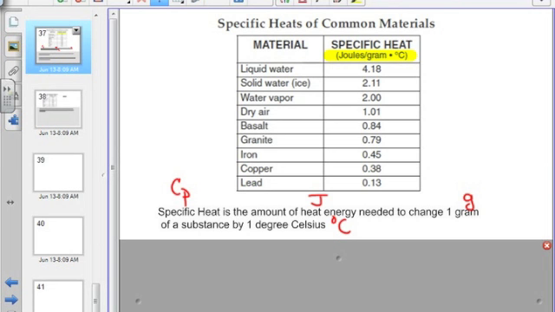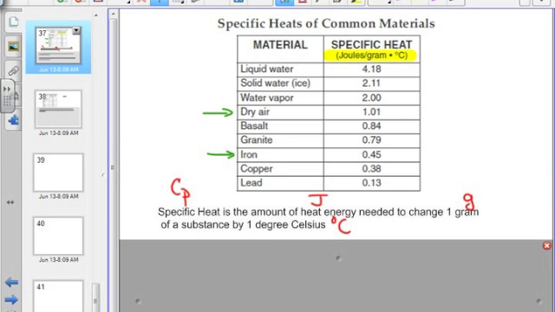So, for example, the specific heat of iron is 0.45 joules to raise 1 gram of iron 1 degree Celsius, versus, I'll pick dry air, which takes 1.1 joules to raise the temperature of 1 gram of dry air by 1 degree Celsius. So it's like twice as much to change temperature in dry air than it is to change the temperature in iron.